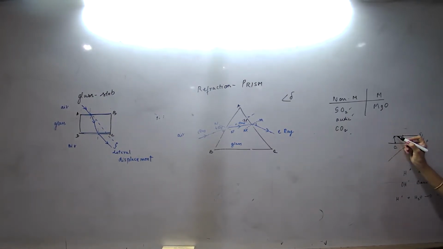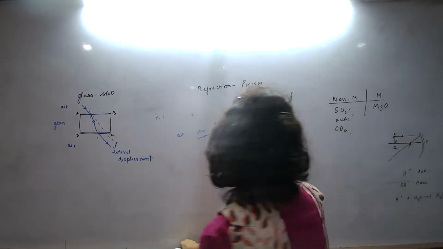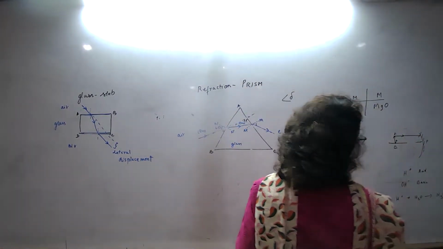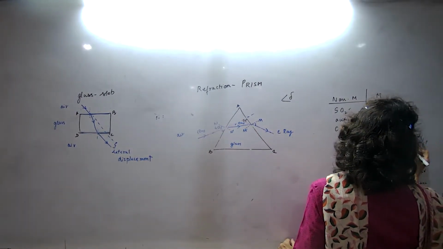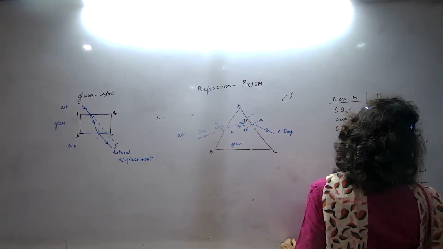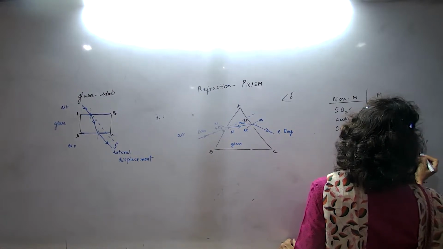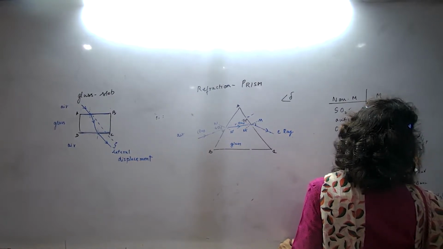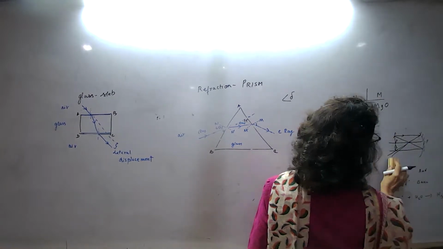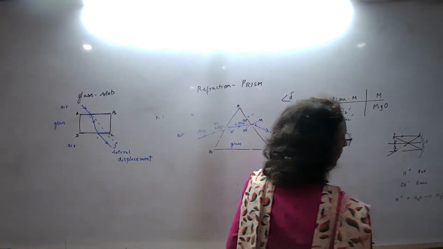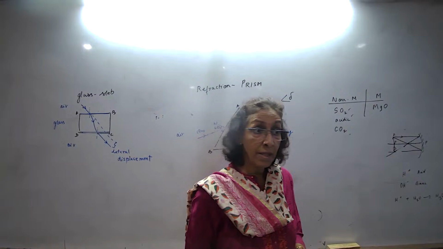This is your object, A B. If I draw it accurately, I don't have a scale here, so it has to be very accurate. Passing through F, and taking another ray passing through F and cutting it, you will find that the image is going to be exactly here. That is the only position.